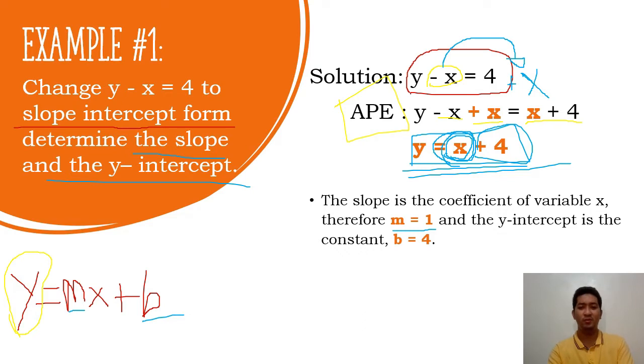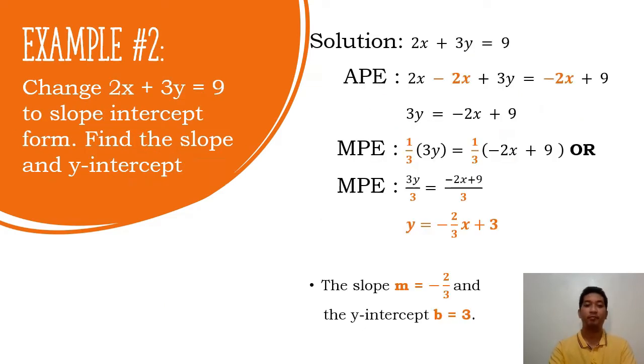Okay? So, now let's go with the next one. Example number 2. So, you were given again with an equation 2x plus 3y equals 9, and we have to change it into the slope-intercept form.